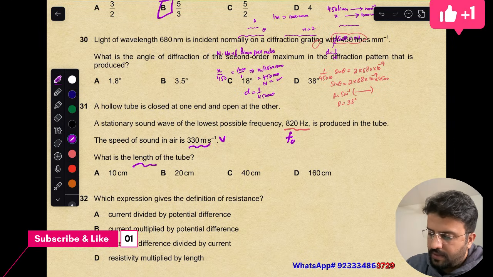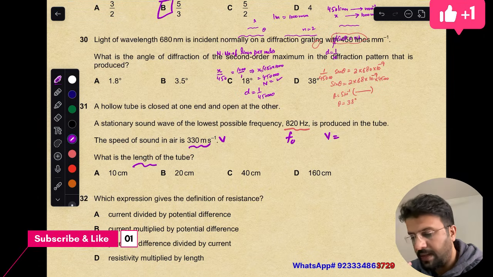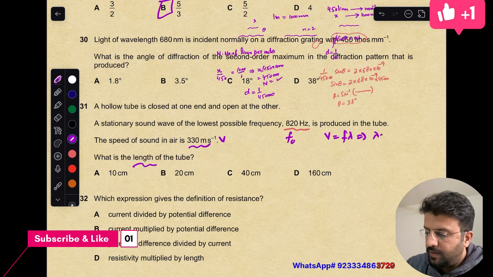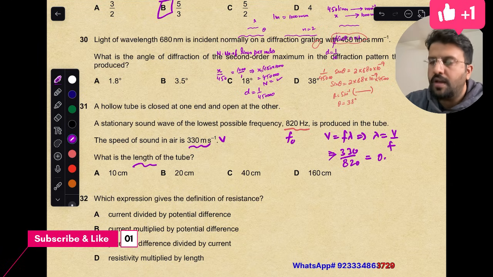The speed of sound is given. What is the length of the tube? If you see, you have speed, you have frequency, so you can find lambda. v equals f lambda, so lambda equals v by f. v is 330, f is 820. When you do the calculation, you will get 0.4 meter.